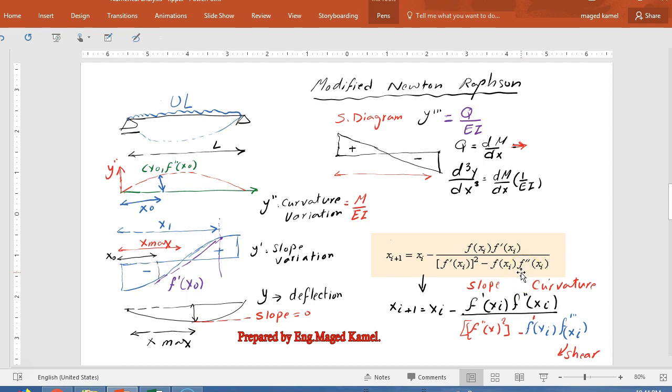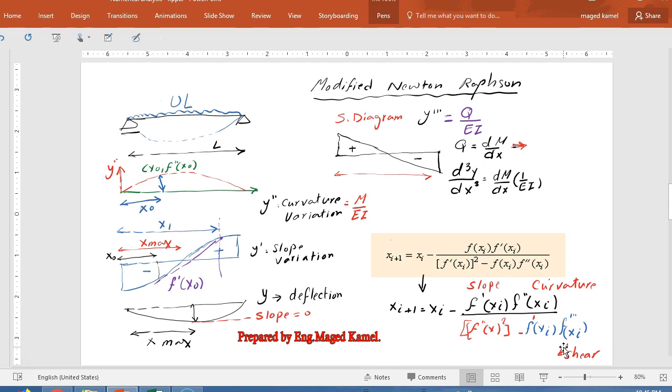Every item of this equation regarding f, f dash and f double dash will be changed and modified. For f x i it will become f dash of x i, while f dash of x i will become f double dash of x i, and the square will be for the f double dash, minus the f x i will be f dash of x i multiplied by f triple dash, or d3y by dx3.